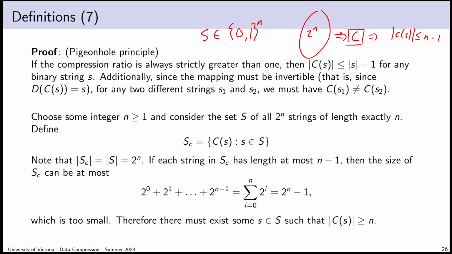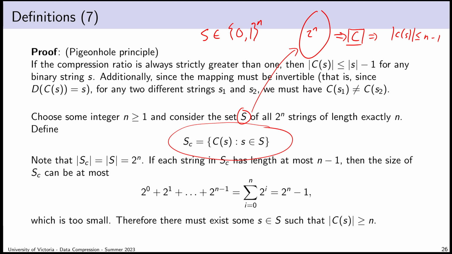And that applies generally. In general, if I take every possible n-bit sequence, so all 2 to the n of them, and I run all of them through the compressor, and I consider the image of what comes out, so I consider the set S of all 2 to the n things, and then I try compressing every single one of them and look at the set of what comes out.